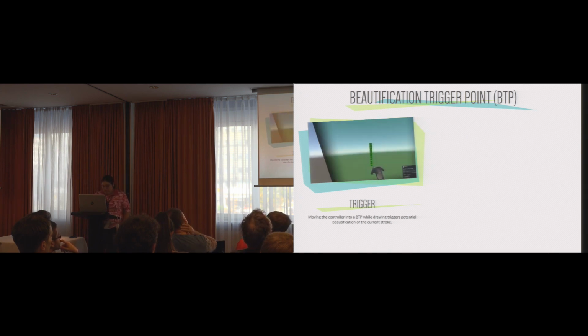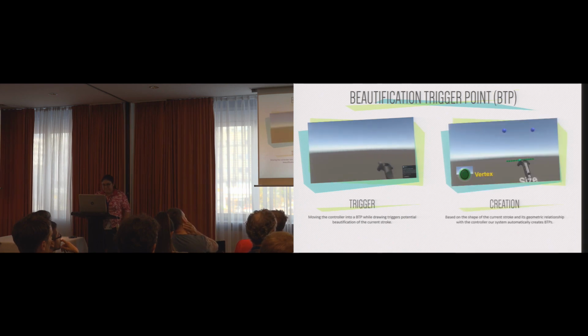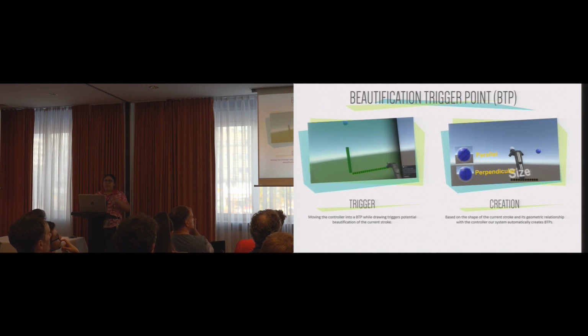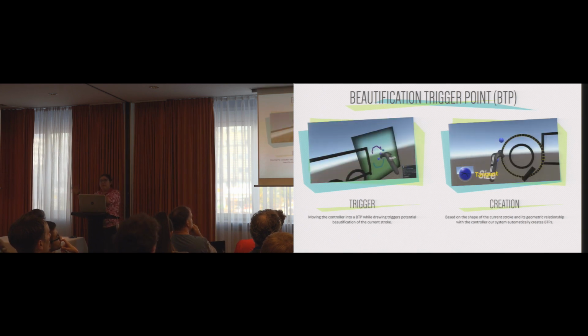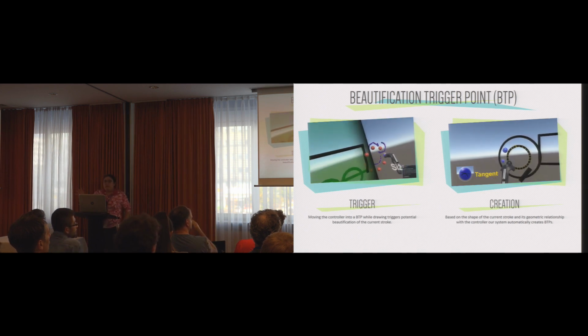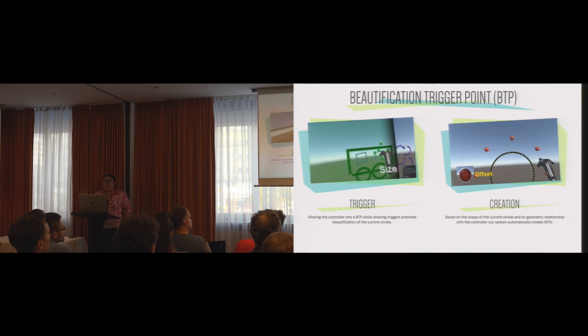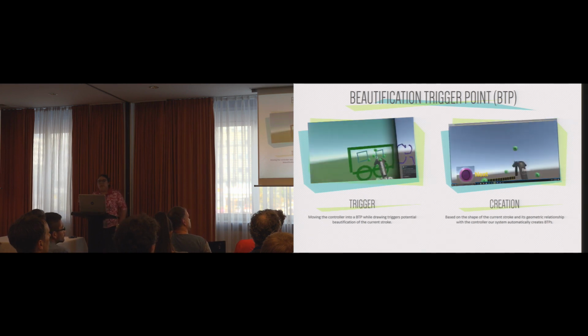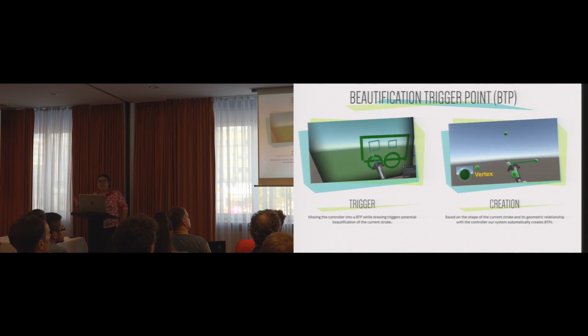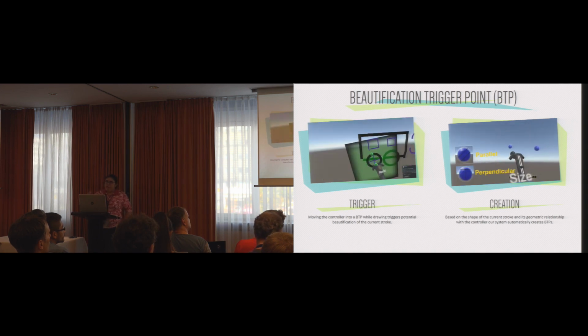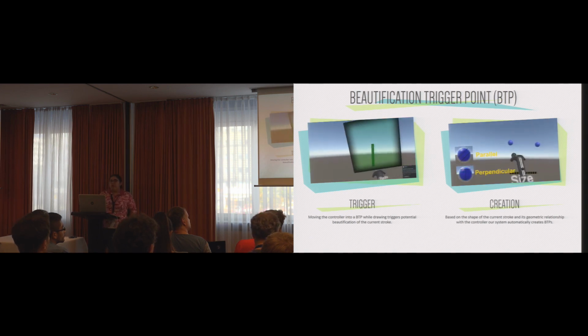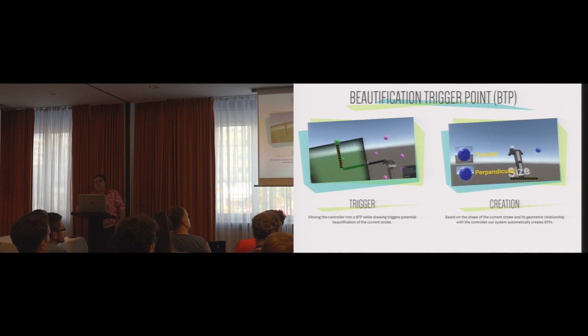And how do we create that? Okay, so we create them using the beautification model that I'm going to explain next. We detect which type of stroke it is, and based on the type, we show specific beautification trigger points. There are beautification trigger points for only a specific type of strokes.